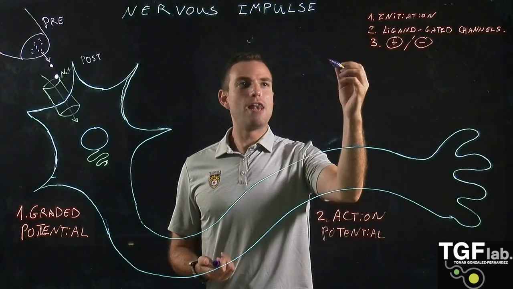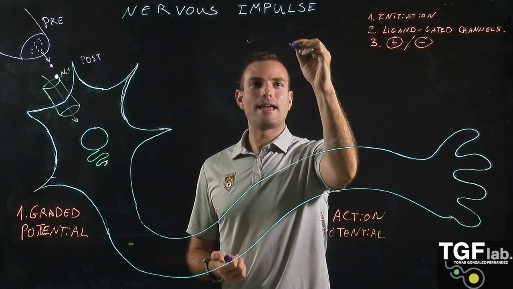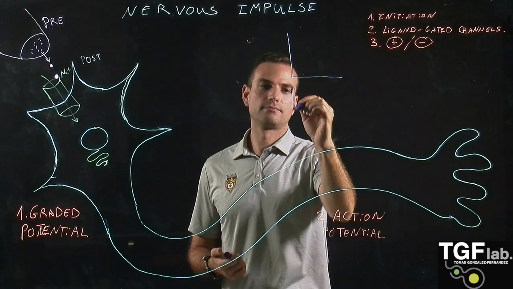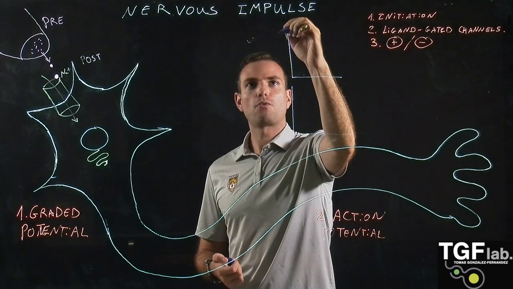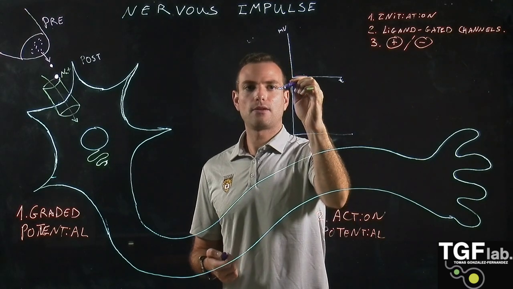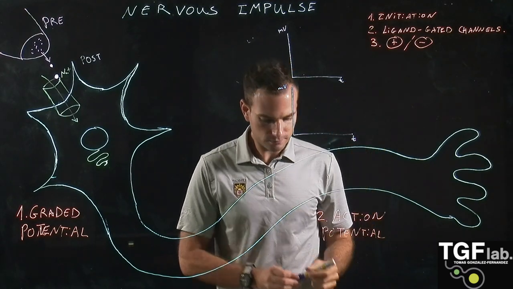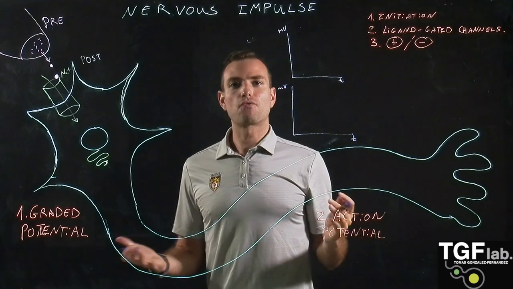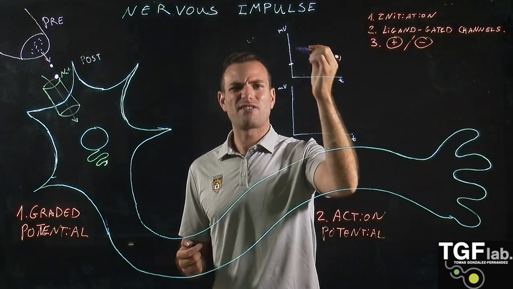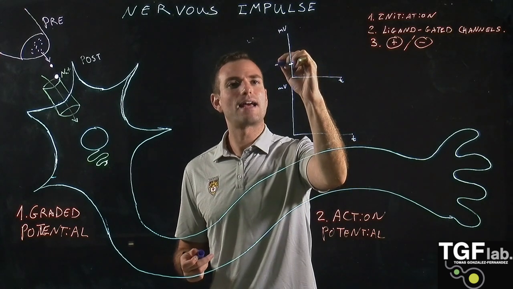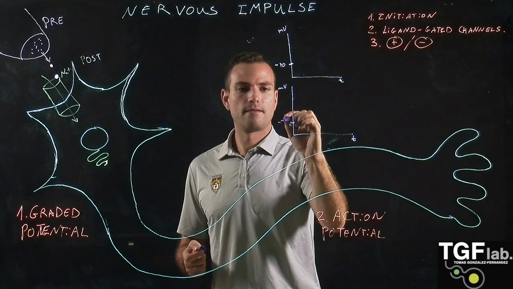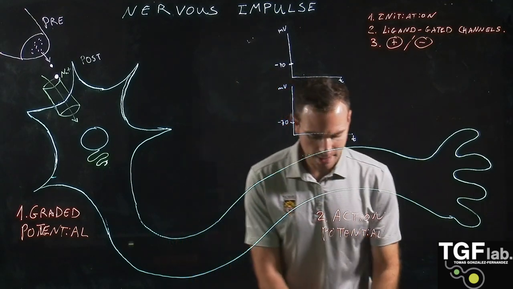So if we look again at the schematics or the graphs for the action potential, here we'll have millivolts, and here we have time. If you remember from the membrane potential video, the resting membrane potential is around -60 to -90. Let's say that this neuron is at -70.